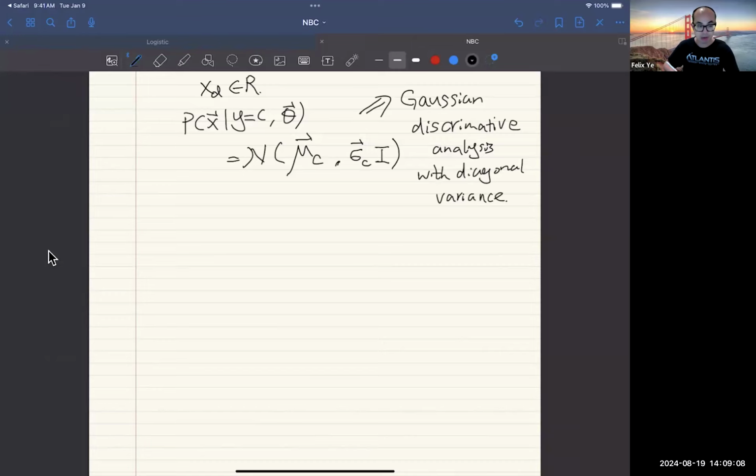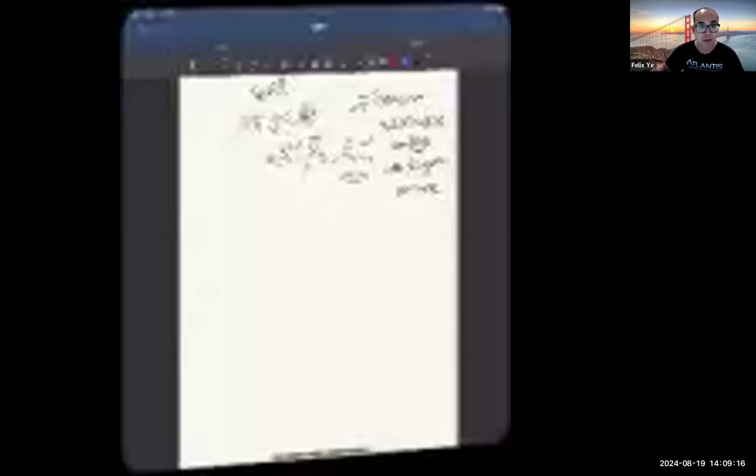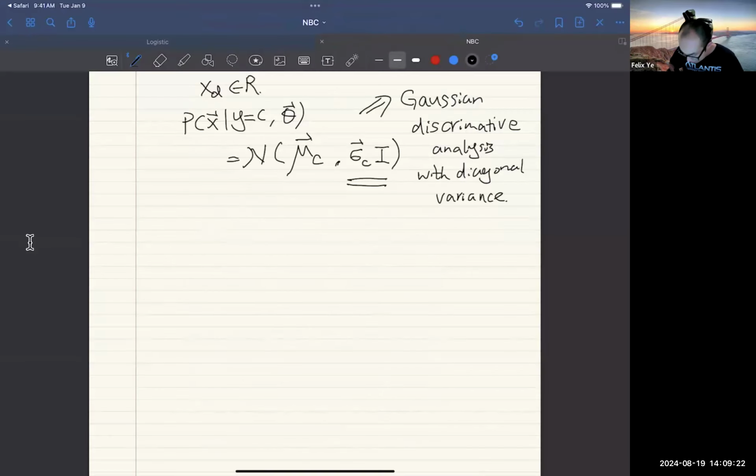The reason we have diagonal variances is that if we impose full variances, we usually have a big issue, something called overfitting. We'll talk about this again in detail later in the course when we talk about the corresponding GDAs, but for now I'm just saying this is diagonal.